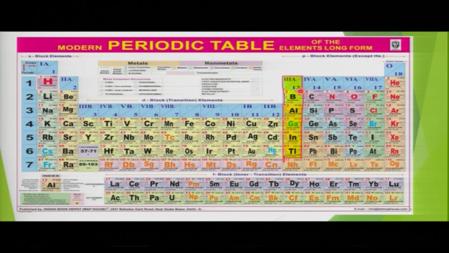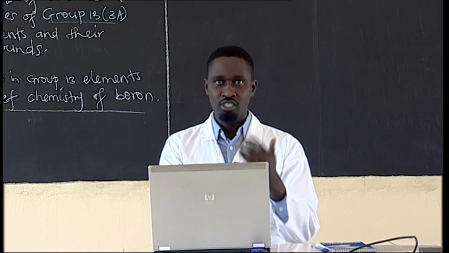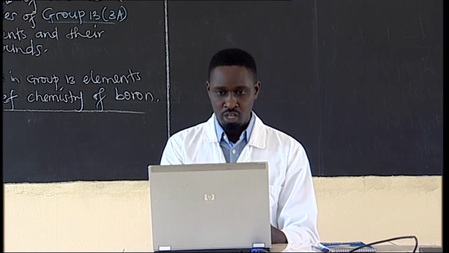We can also say it is in group 3A. I want you to notice A. We also have B. I will talk about it later. So in group 3A, it is because of the 3 electrons in the outermost shell which they use in chemical reactions.